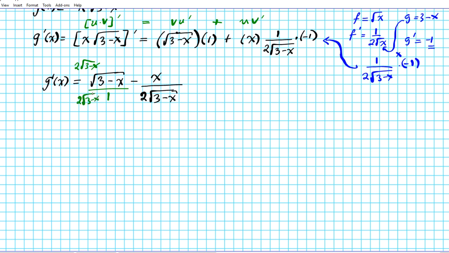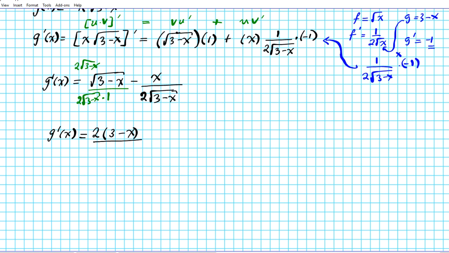If we do that, g prime of x will now be, in the numerator, if you multiply 2 root 3 minus x and root 3 minus x, you have root 3 minus x quantity squared. So the square and the square root cancel out, so you just have 3 minus x.